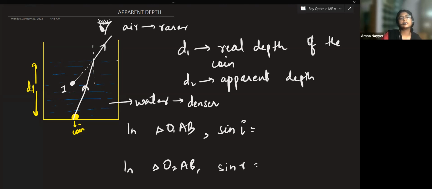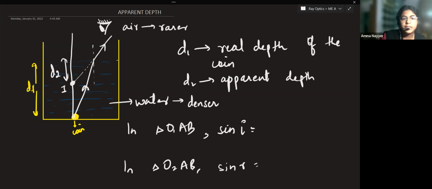So if you notice, this was the actual height. Now this, from the surface, is D2, which is the apparent depth. This is what is meant by apparent depth. This coin was actually placed here, but because of refraction and since light travels in a straight line, we are able to view it a little above the original height where it is located.